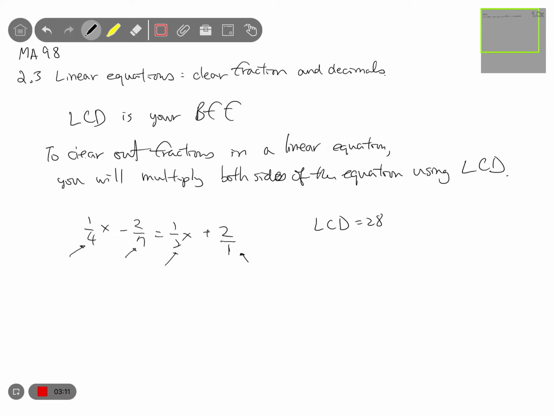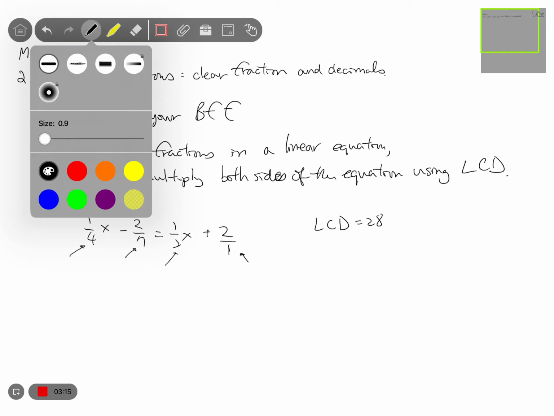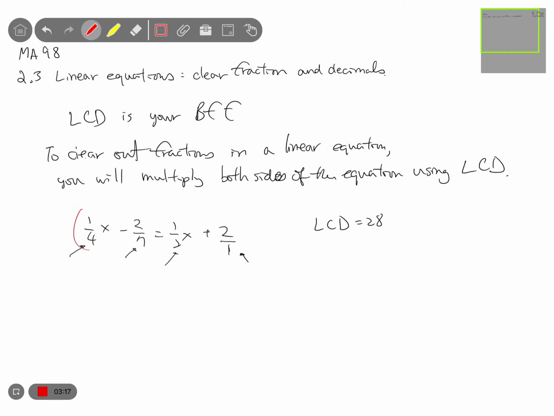So we're going to multiply both sides by 28. And then we're going to distribute the 28 into the parentheses that I just wrote.